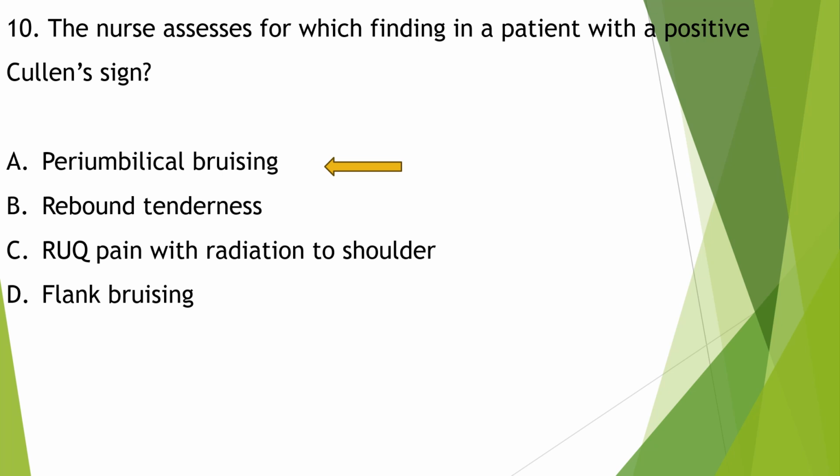Rebound tenderness can occur during a clinical exam of the abdomen when the provider pushes firmly on the abdomen, and upon release the patient develops pain in the abdomen. Right upper quadrant pain with radiation to the shoulder indicates cholecystitis, and flank bruising refers to Gray-Turner sign.